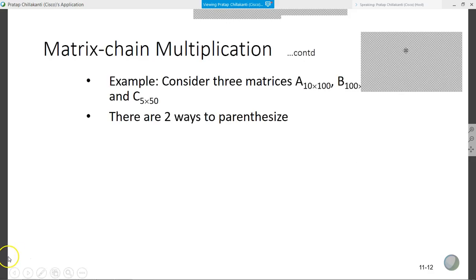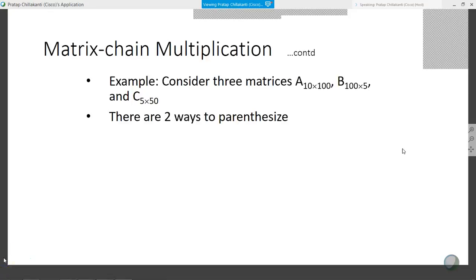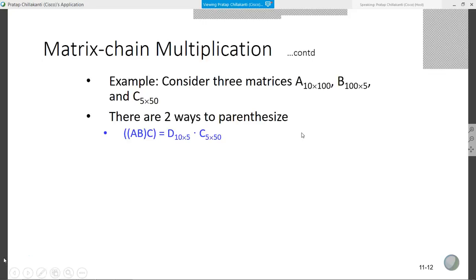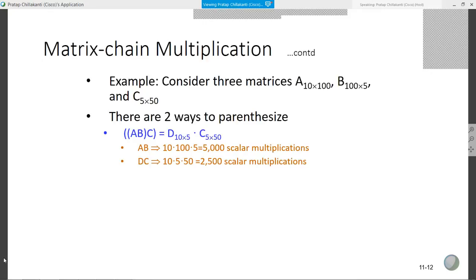B is 100 by something. Let me see what that is. And C is 5 by 50. So, see that? When you do AB followed by C, you get 5,000 multiplications. After you're done with AB, that results in a resultant matrix, and that is D. D is the result of multiplying A and B, right?